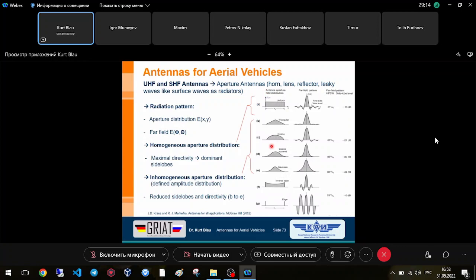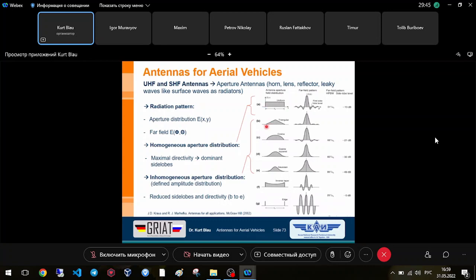Yeah, now we touch the problem of the distribution of the magnitude over an area of elements. A reflector antenna cannot have, for instance, such a magnitude distribution over the reflector. At the edges of the reflector, it's clear that you can never have the same magnitude like in the middle.